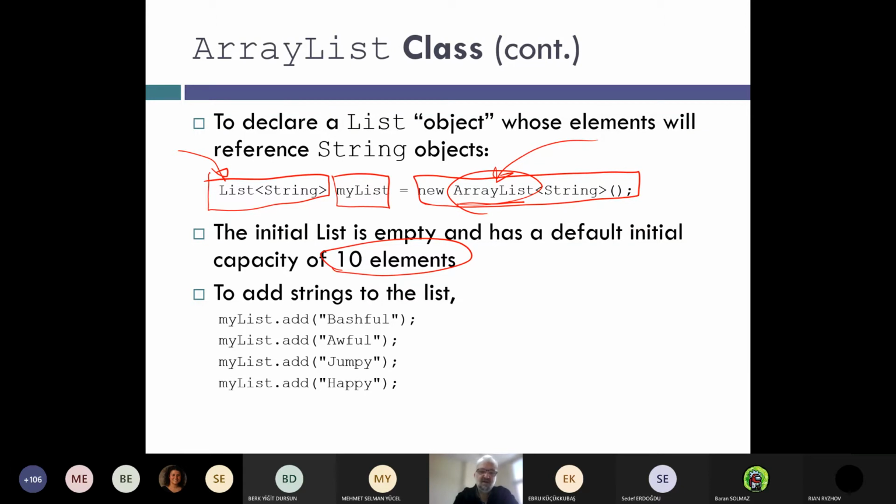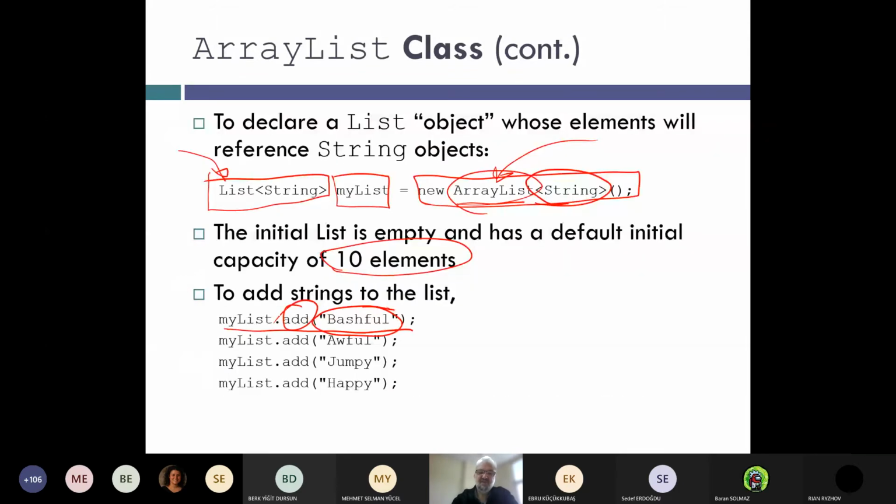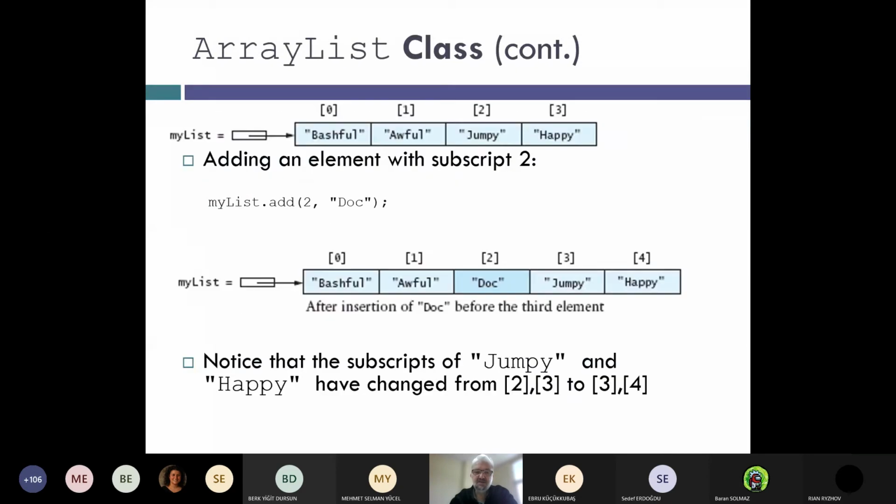Here is how we add new elements to the ArrayList. The add method is used, and a string is the parameter, since our ArrayList is a string list. The add method with one parameter adds the element at the end of the list.